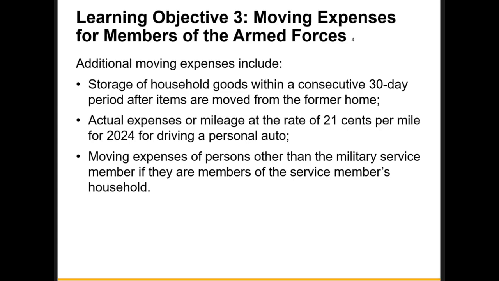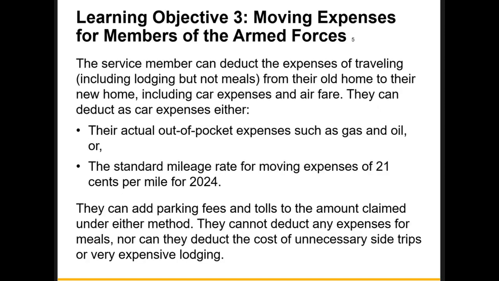They could each drive a car, and it could be 21 cents a mile. That would be in addition to any cost for the actual moving truck. It's almost always better to just use the mileage, 21 cents a mile, than it is to count up all your receipts for gas and oil and all that type of thing.